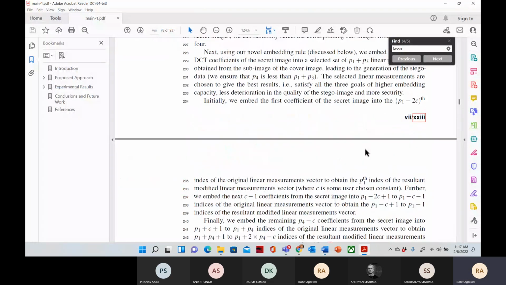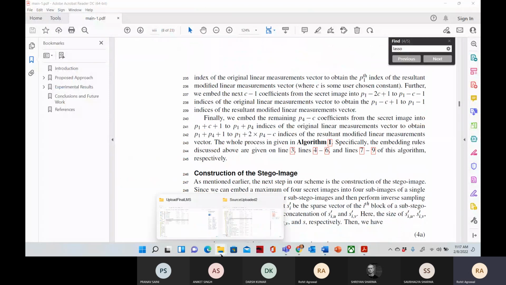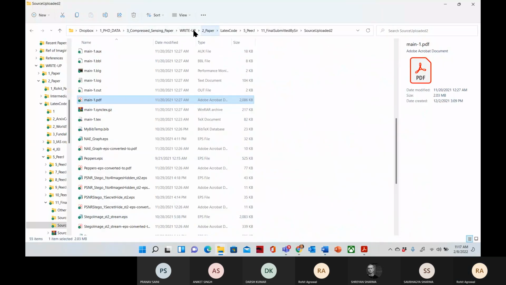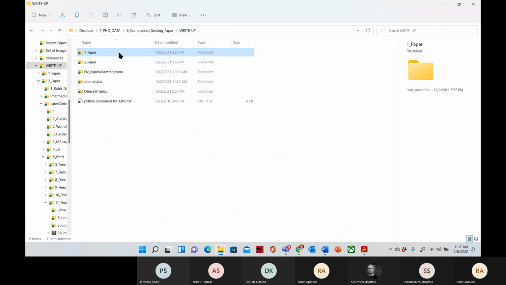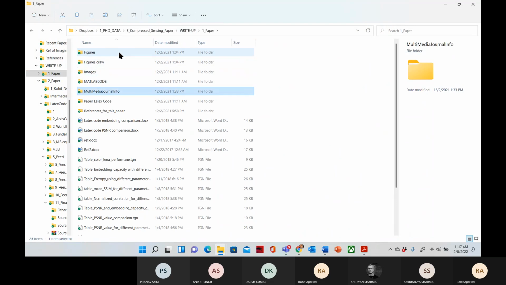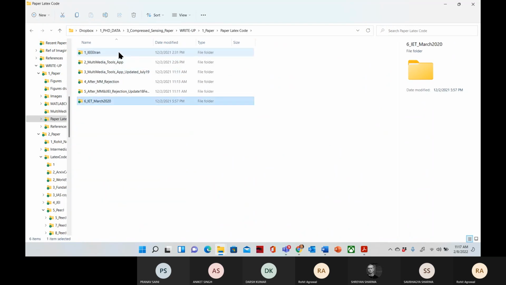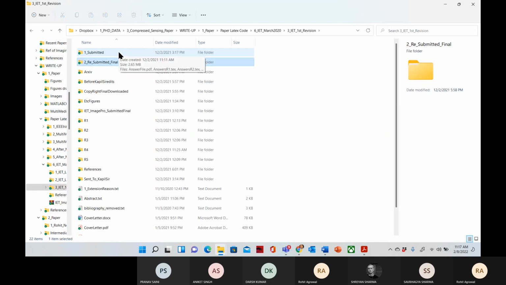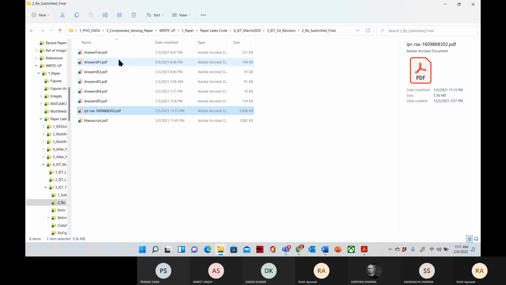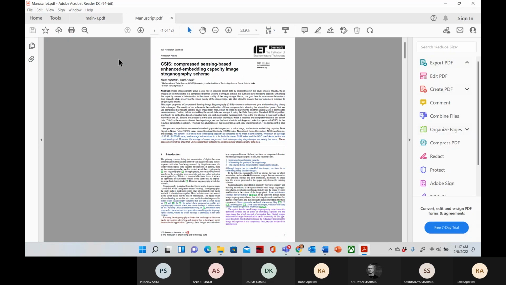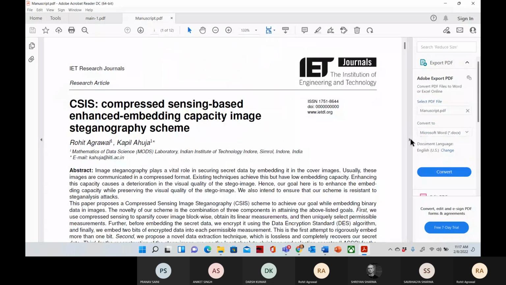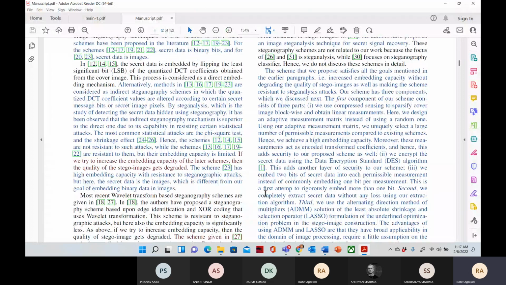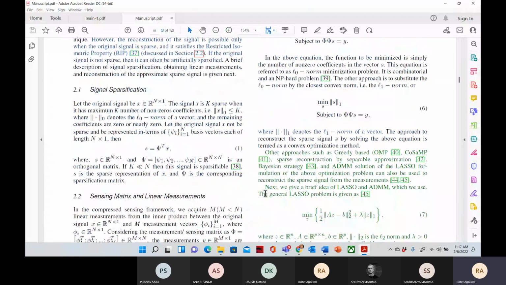The mathematical formulation is not there. Just a minute. Okay, here I think the mathematical formulation is there.